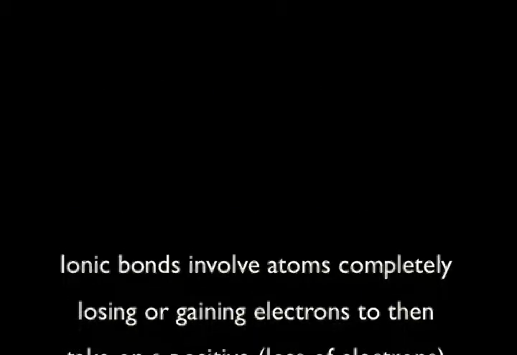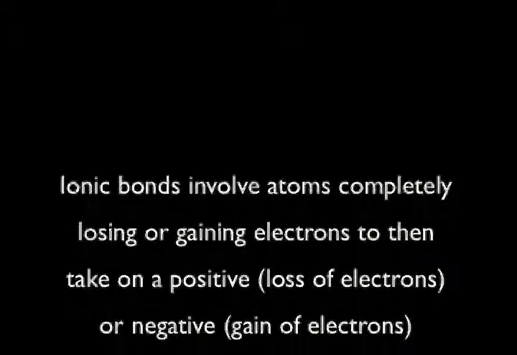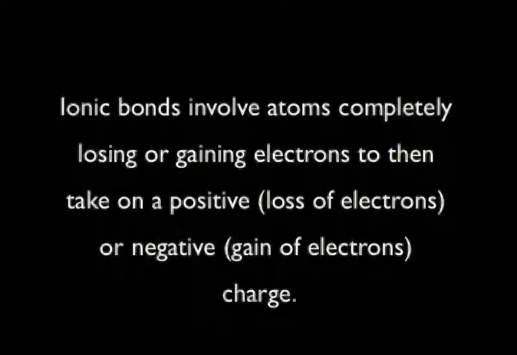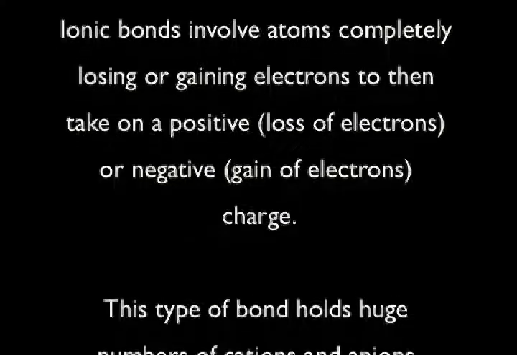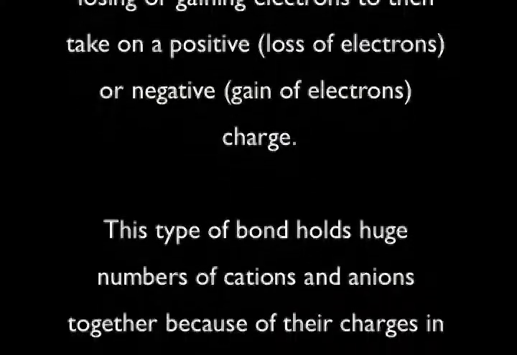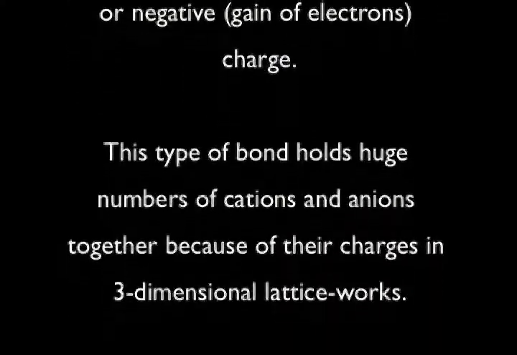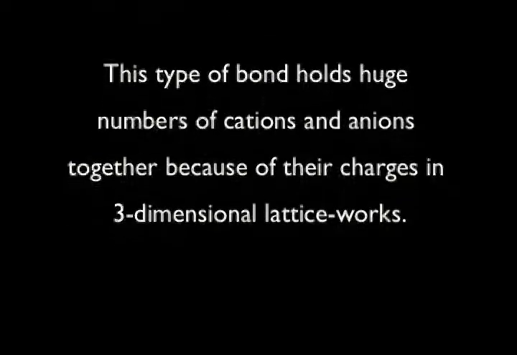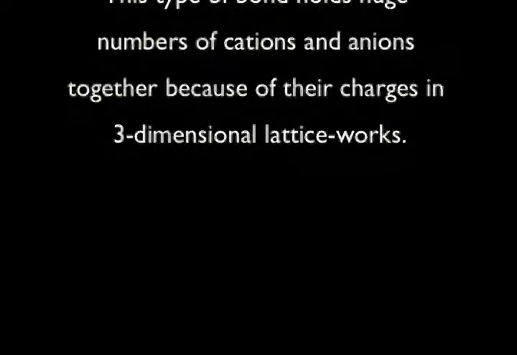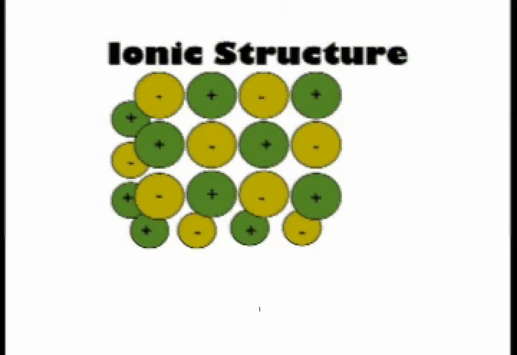Let's look specifically at ionic bonds. Ionic bonds involve atoms completely losing or gaining electrons to then take on a positive charge, loss of electrons, or a negative charge with the gain of electrons. This type of bond holds huge numbers of cations and anions together because of their charges in a 3-dimensional structure.